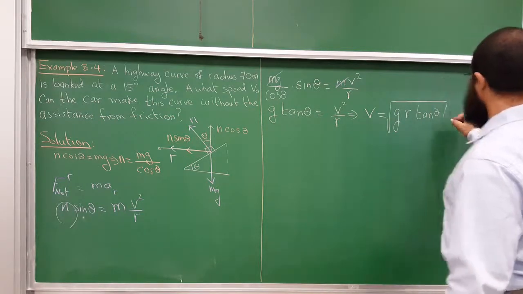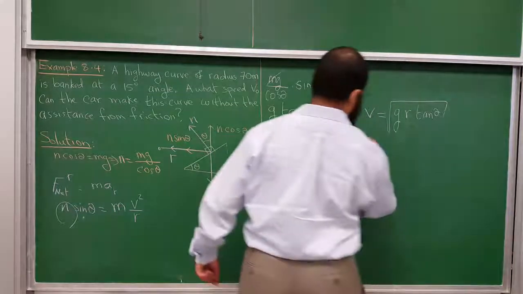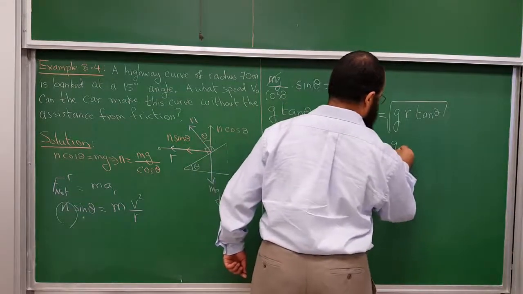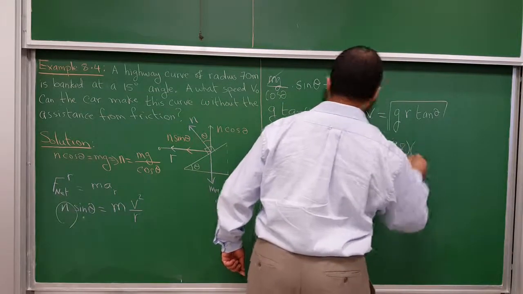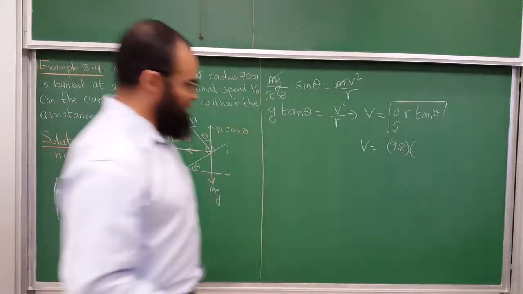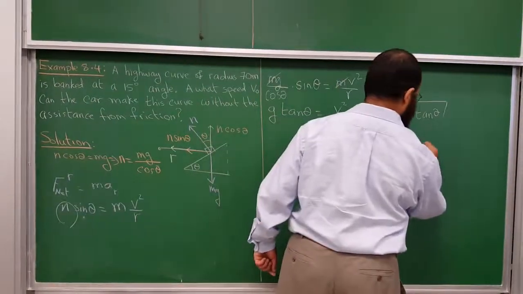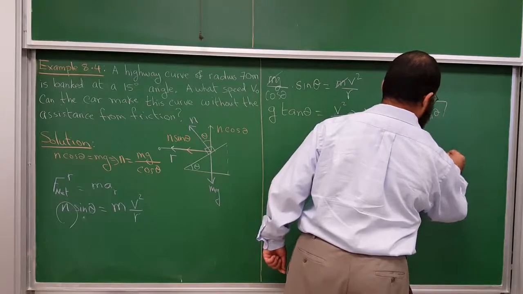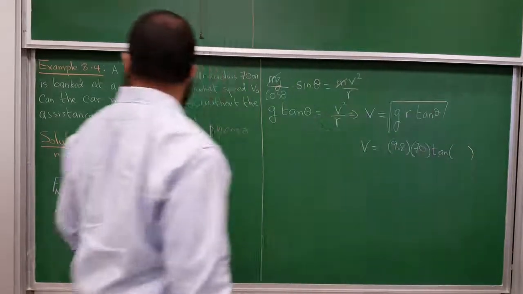Right, well, let's substitute. So we get v equal to the square root of 9.8 times r. R is 70 meters times the tangent of what? 15 degrees.